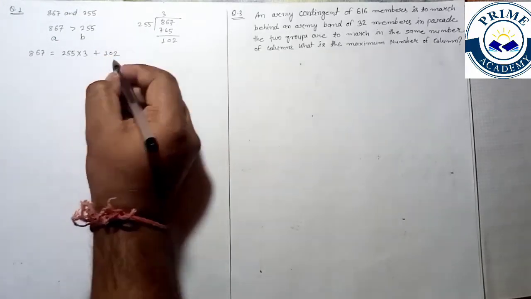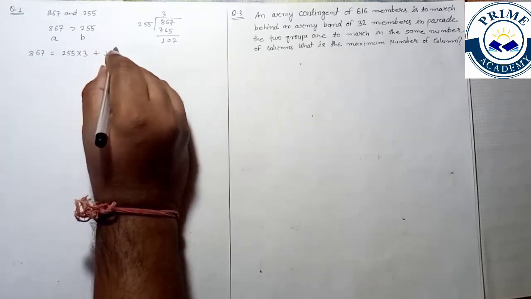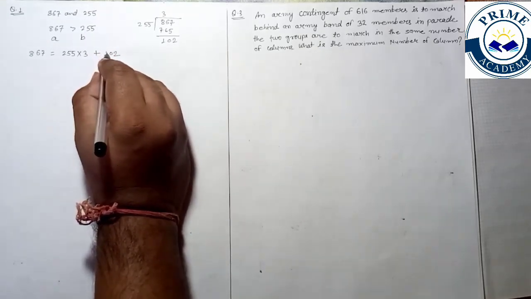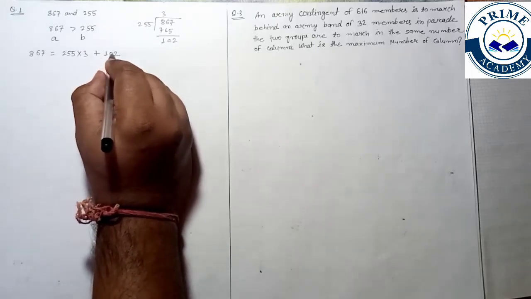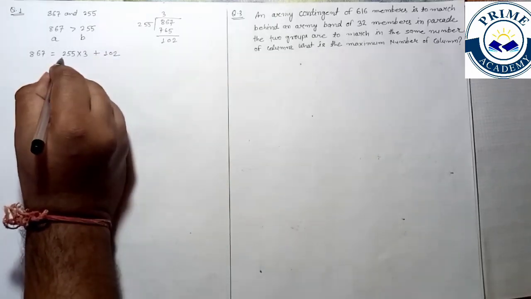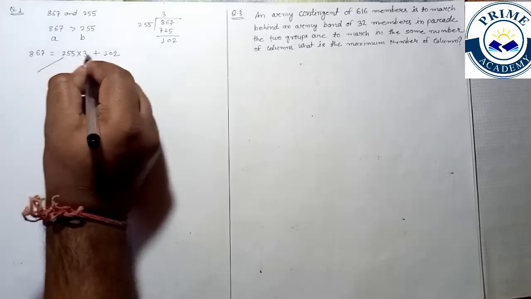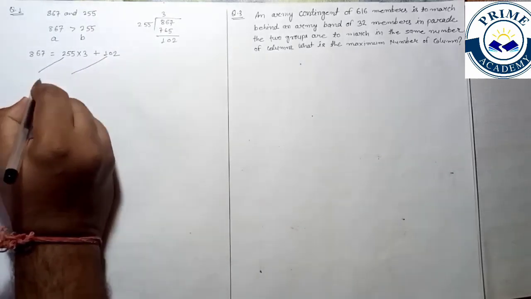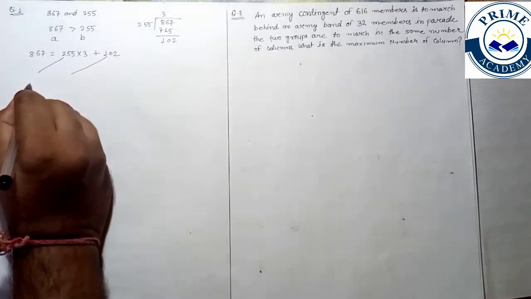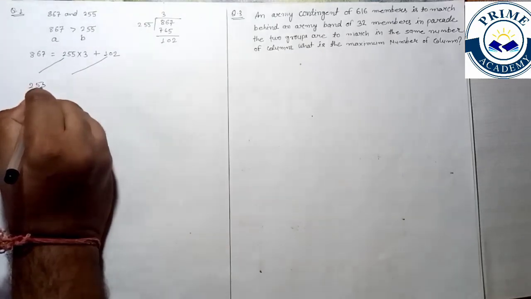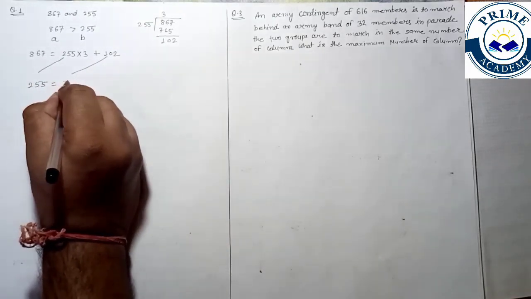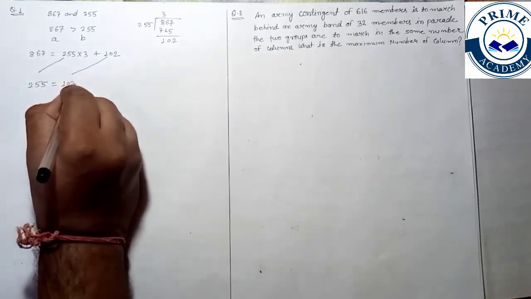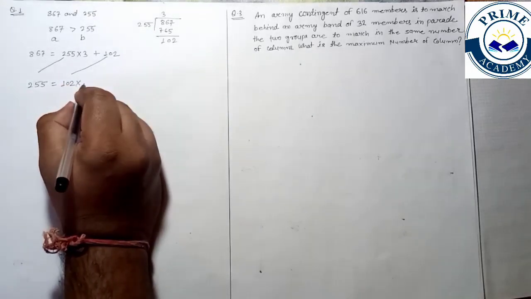Here you can see the remainder is not 0, according to the Euclid division lemma. So we have to move further, and this becomes A and this becomes B. I am writing 255 equals 102 into what?